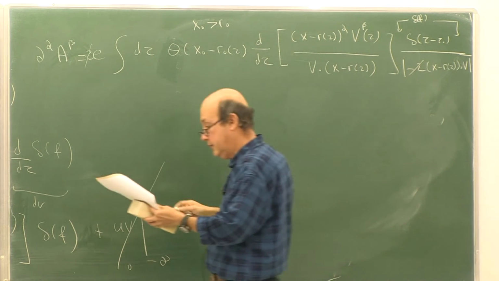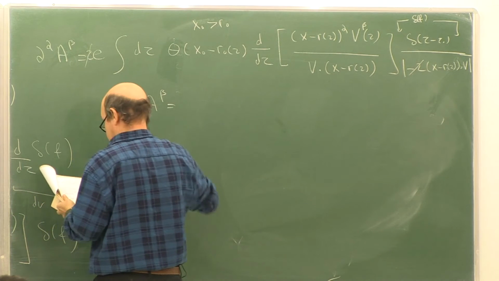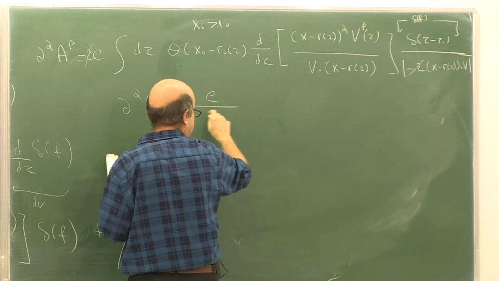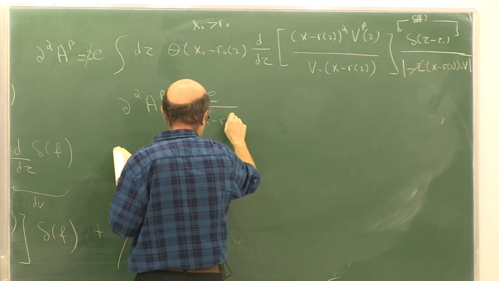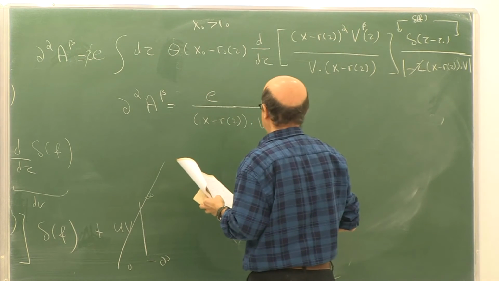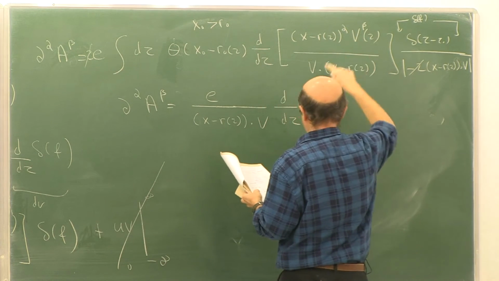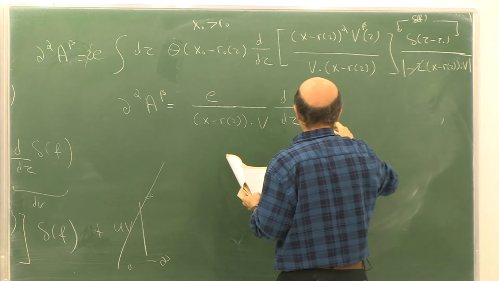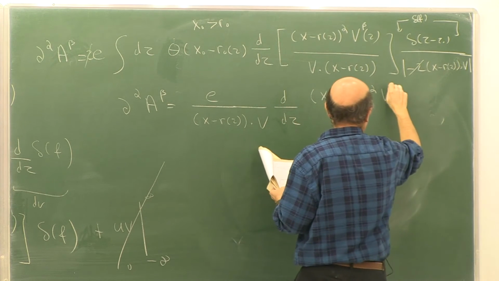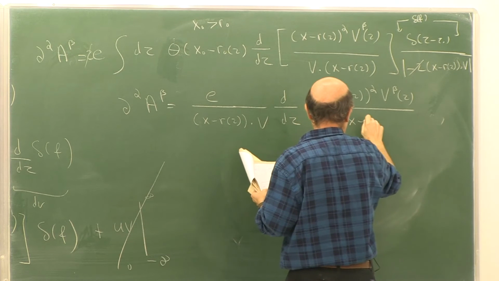So if you take this integral, the result is very simple. ∂^α A^β is equal to e over (x − r(τ0))·v, this term, times d over dτ, and this whole term evaluated at τ = τ0: (x − r(τ))^α v^β(τ) divided by v·(x − r(τ)).